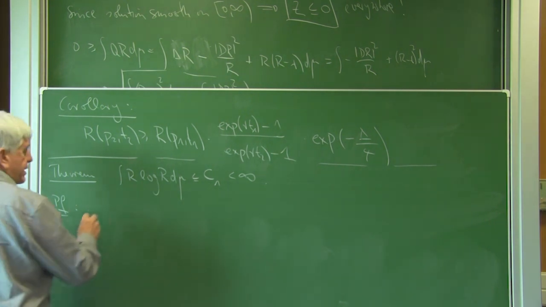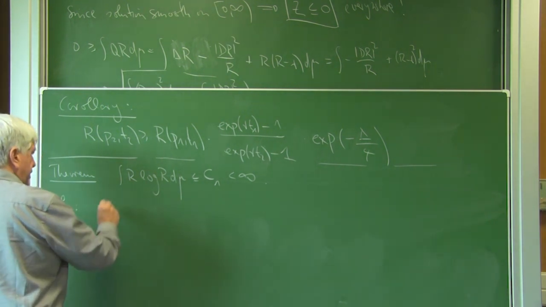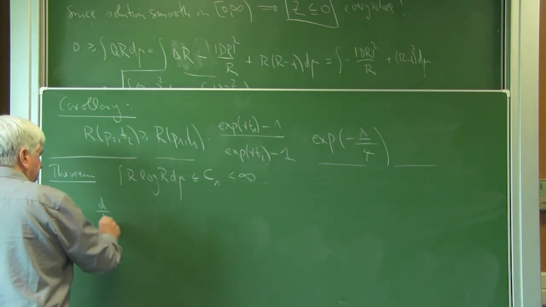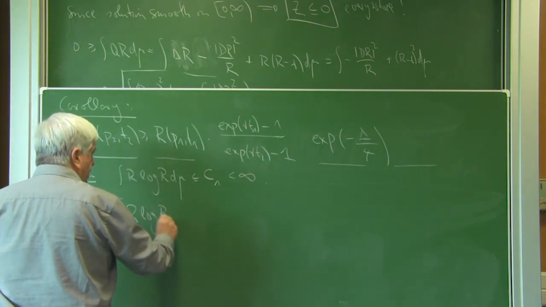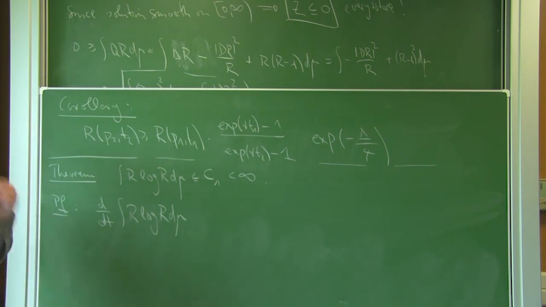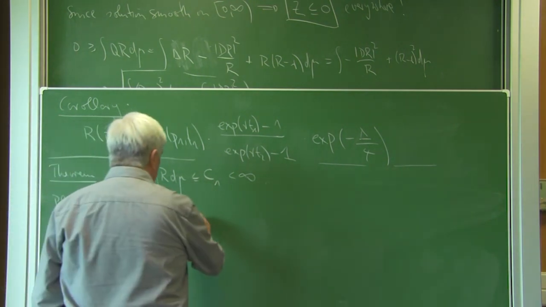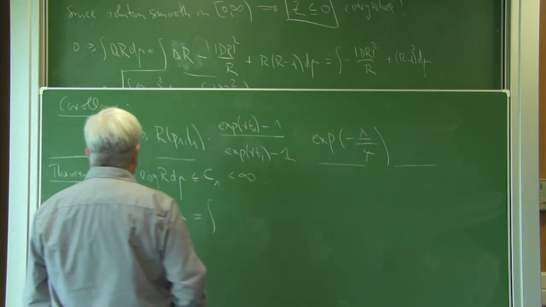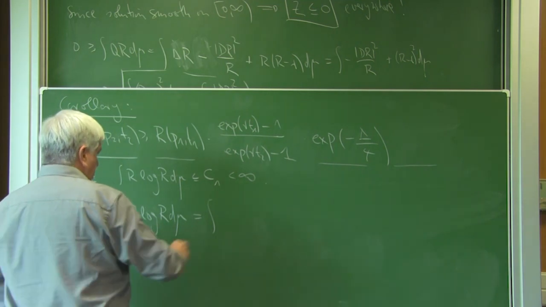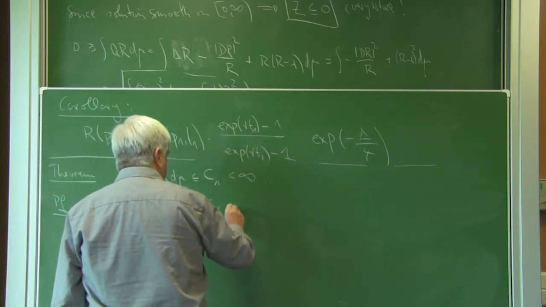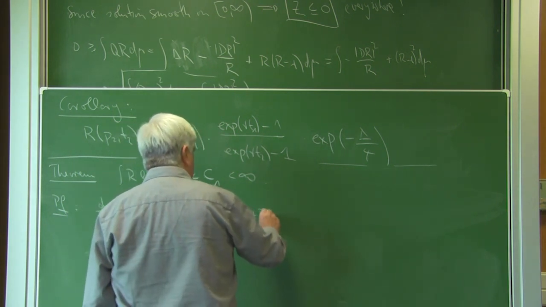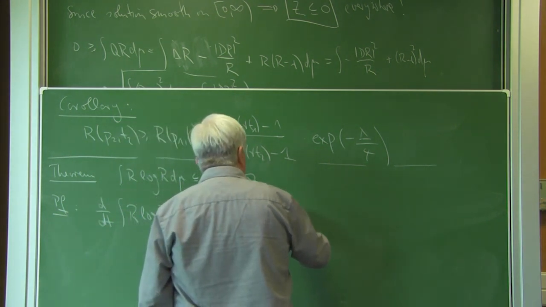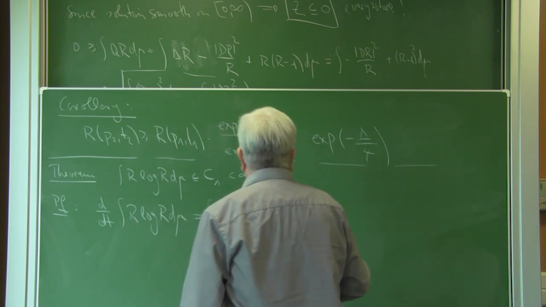We just compute d/dt of this thing, d/dt of the integral r log r dμ. Well, from the evolution equation of r, we get Laplace r plus r times r minus little r times log r.